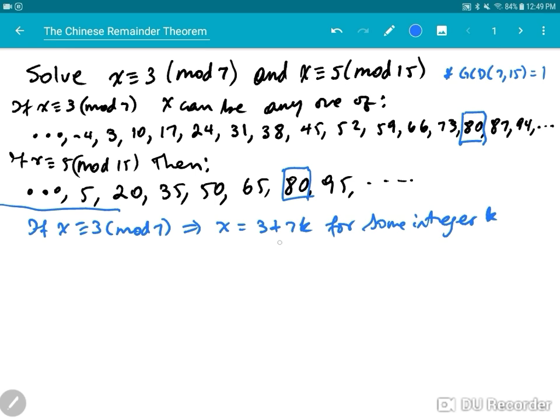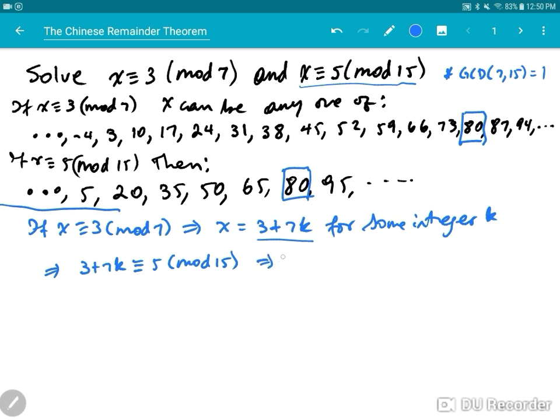So we're going to stick this number into this equation. That means that 3 plus 7k must be congruent to 5 mod 15. If we can solve for k in this equation, then we can put it in here, and that would give us the value of x.